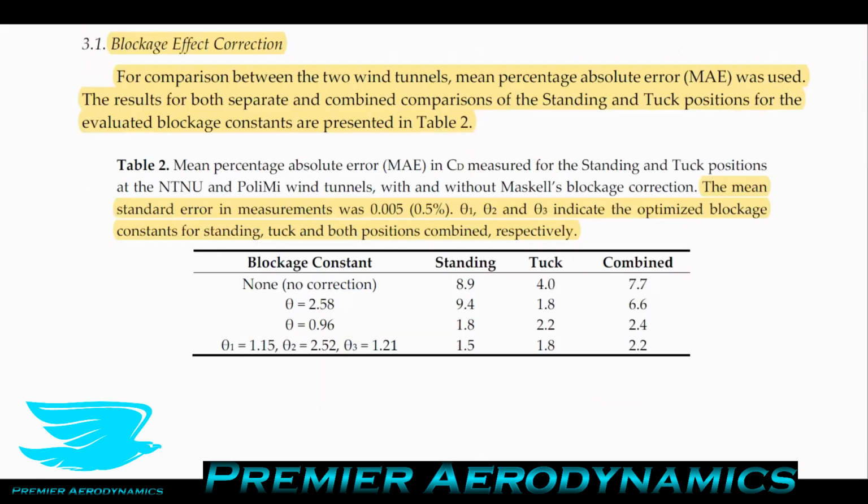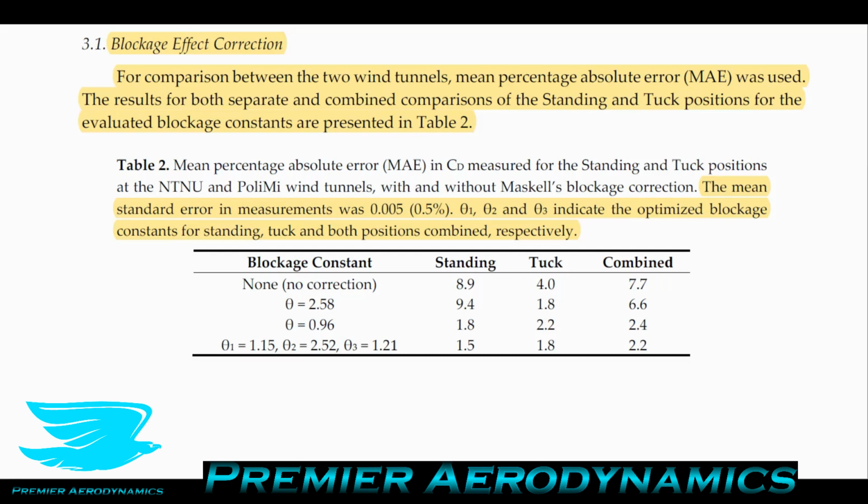And they say, for comparison between the 2 wind tunnels, the mean percentage absolute error was used. The results for both separate and combined comparisons of the standing and tucked positions for the evaluated blockage constants are presented in Table 2. And in Table 2, they have the mean standard error in measurements was 0.5%.